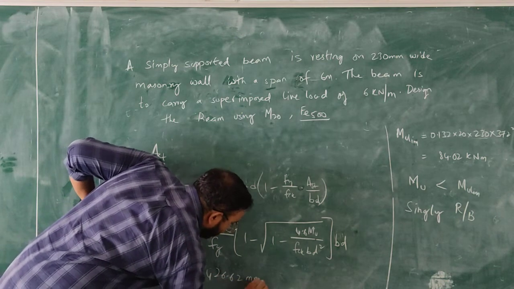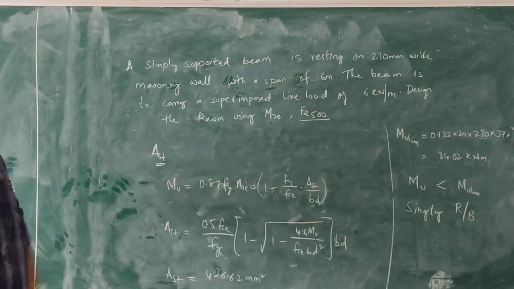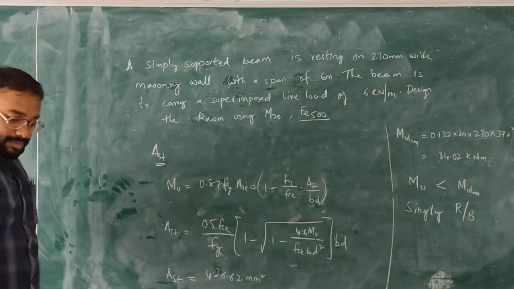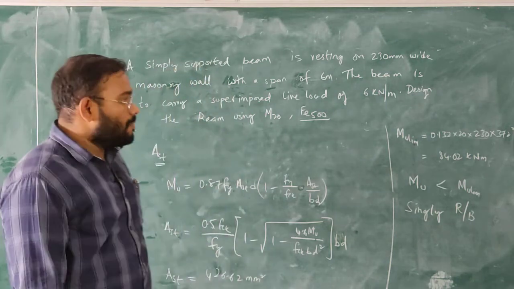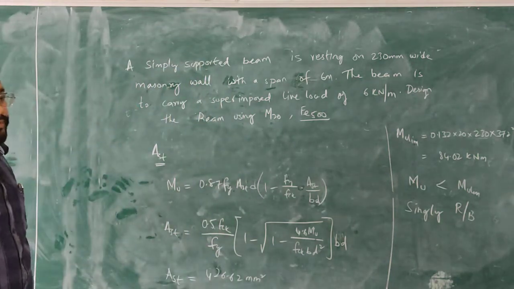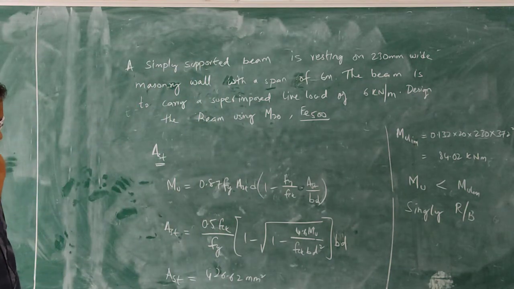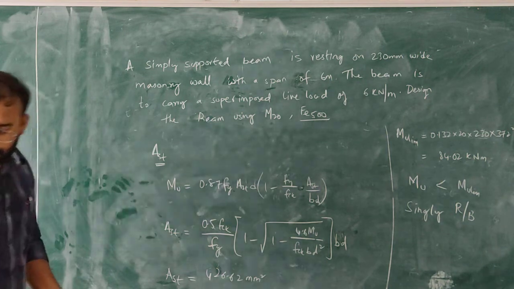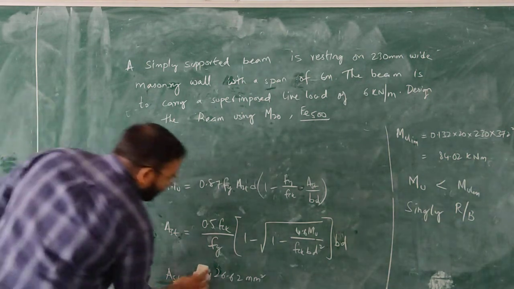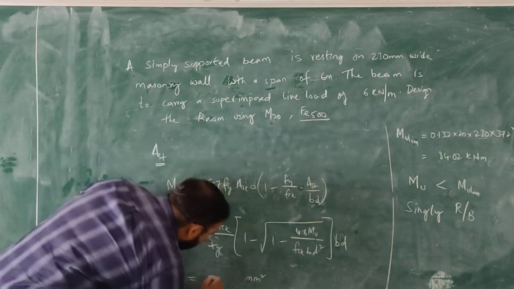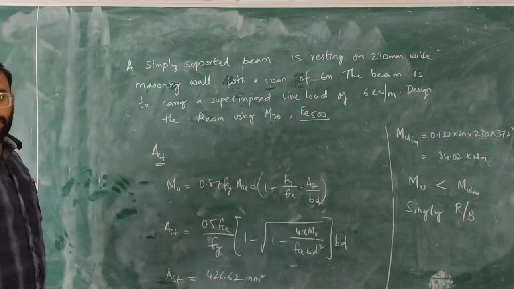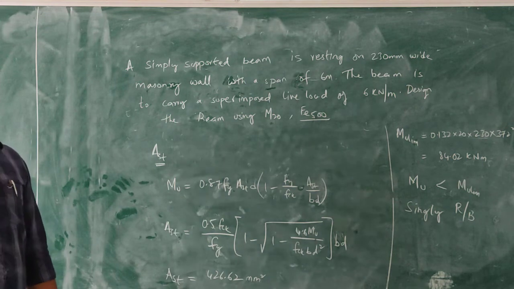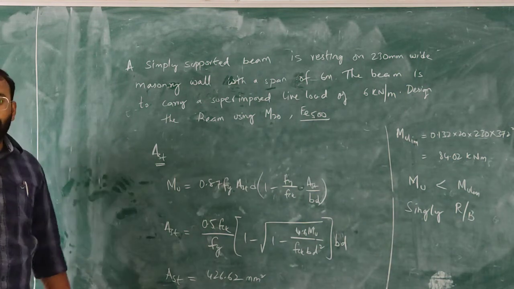426.62 mm square. Tell me what is the answer. You should be fast with your calculators. Wrong. AST, see here, what is AST? Area of reinforcement it is.